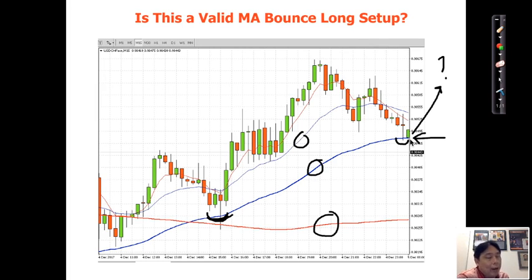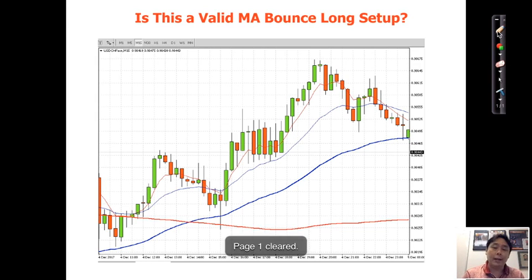Have you thought about it? Okay, good. The answer is, it is not a valid setup. No, it is not. Why? Because, again, where is the recent swing high? This one. That's the recent swing high. Where's the previous swing high? This one. That's the previous swing high.